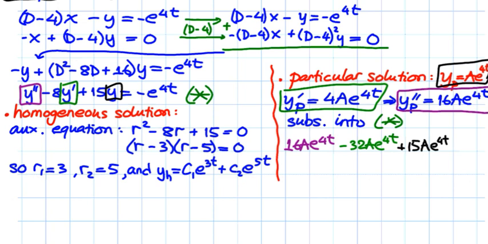And this has to be equal to the input function on the right, so negative e to the 4t. Now combine everything on the left hand side. We will have just negative a e to the 4t equal to negative e to the 4t. So with that, a must be 1.